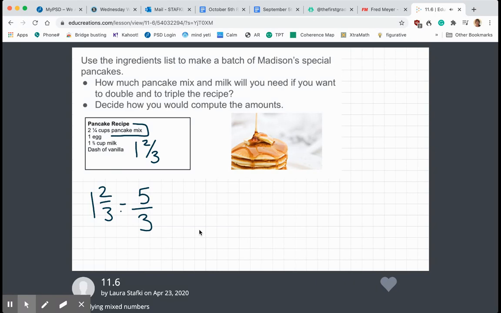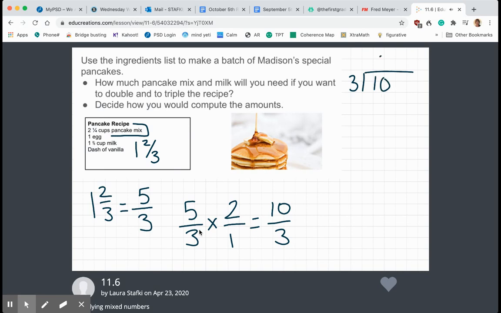And then I'm going to say 5/3 times 2, because I'm doubling the recipe, over 1, and I get 10/3. I do my mini division problem, and I get 3 1/3.